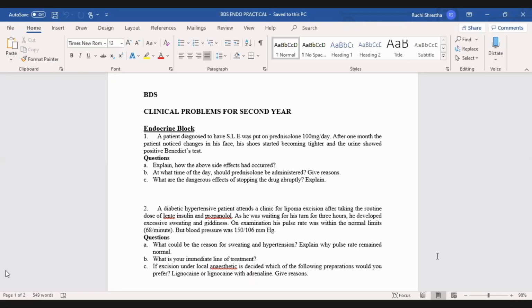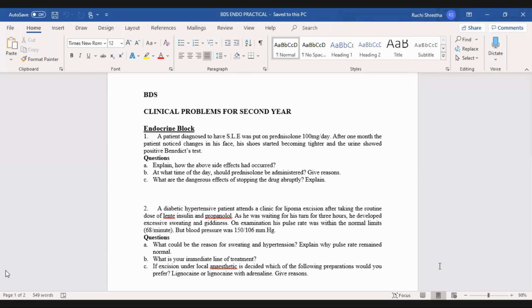So your answer is lignocaine with adrenaline, or plain lignocaine need to be given to this patient? Your patient is undergoing lipoma excision, for which we give the local anesthetic for excision, so do you want this patient to be given lignocaine mixed with adrenaline, or plain lignocaine for the lipoma excision?